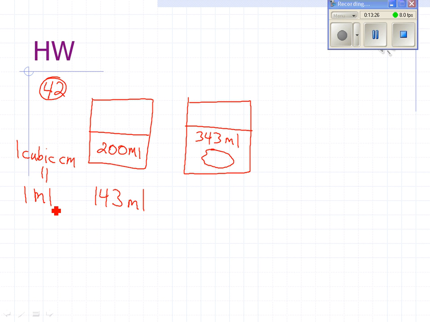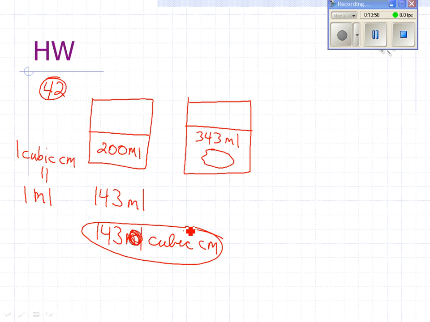Well, this is a pretty easy conversion here. If it went up 143 milliliters, how many cubic centimeters is it going to be? 143. So his pewter statue, whatever figurine that he's using, it's going to take 143 cubic centimeters of pewter. Each one's going to take that much.